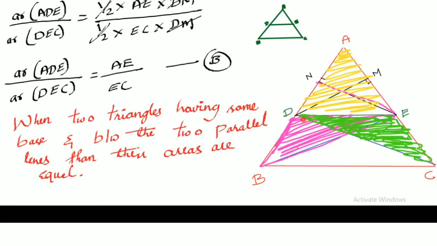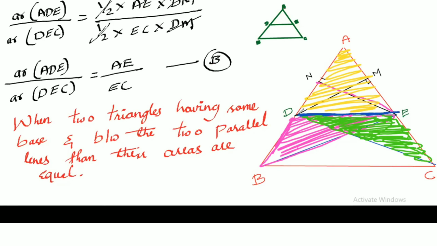Meaning, if you look at this pink triangle BED and this parrot colored triangle BEC, they both are on the same base. This red color is the base.